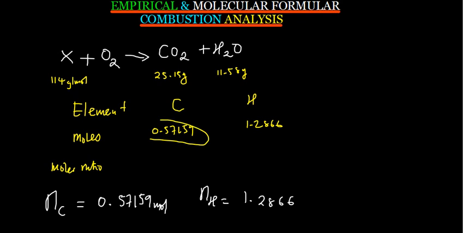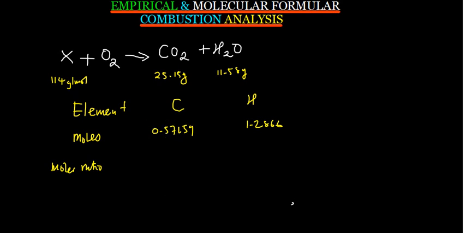This number 0.57 is smaller than 1.2, so divide both by the same 0.57. So here it will give us 1. Then 1.28 divided by also the same 0.57 is going to give us about 2.25.